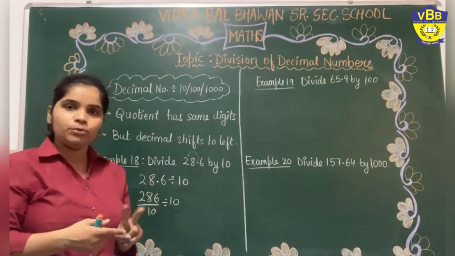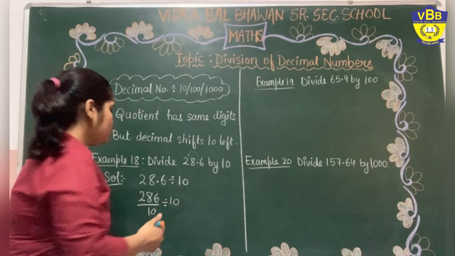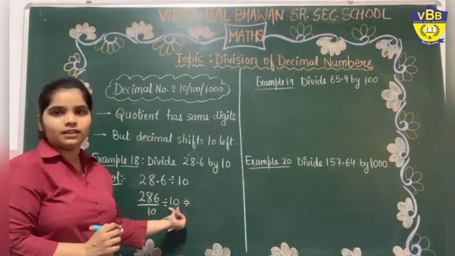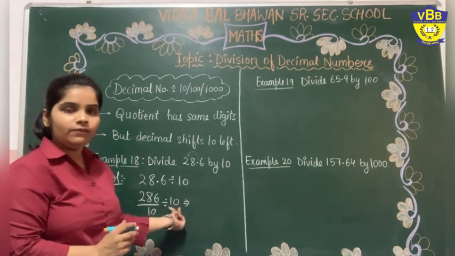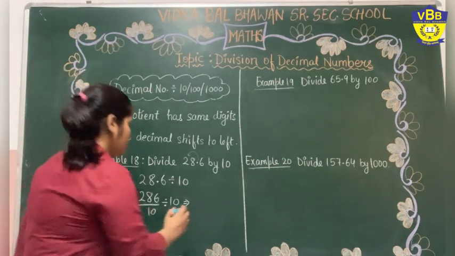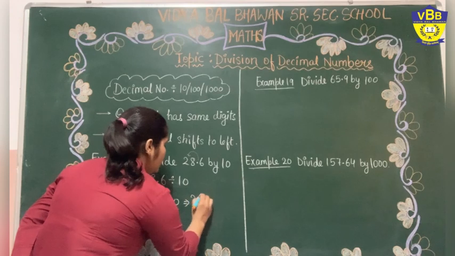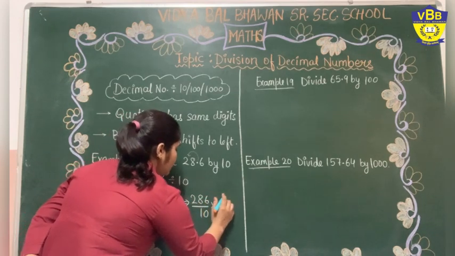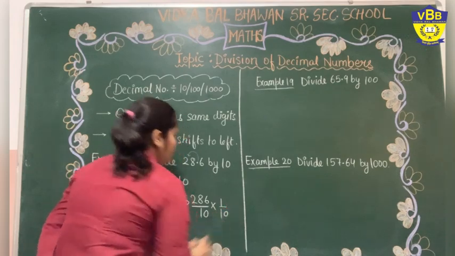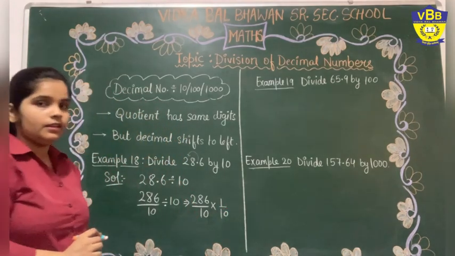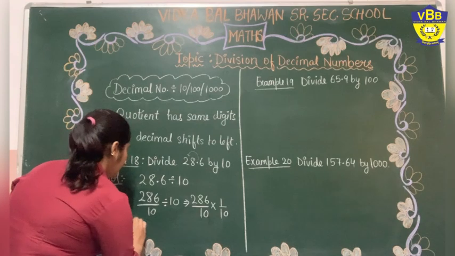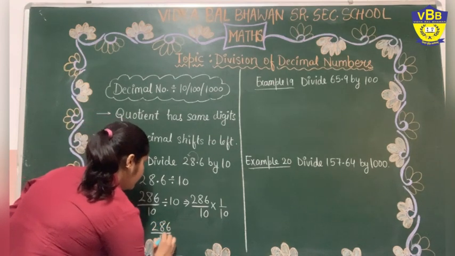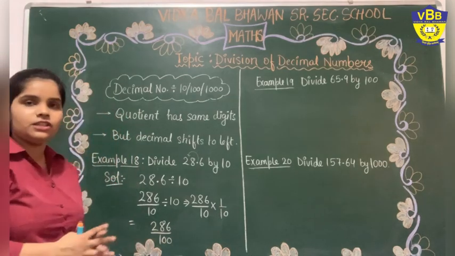We take the reciprocal of the second fraction. So, we take the reciprocal of the second number, that is 10. The reciprocal of 10 will be 1 upon 10. So, it will be 286 divided by 10 multiplied by 1 upon 10. Now, multiplying, it becomes 286 divided by 100. This is the fraction now.